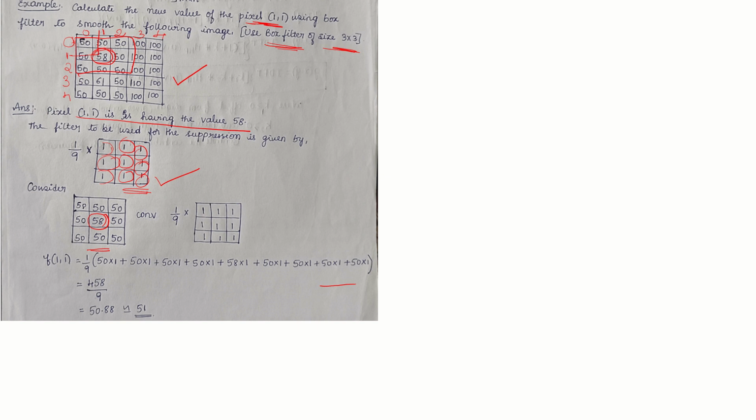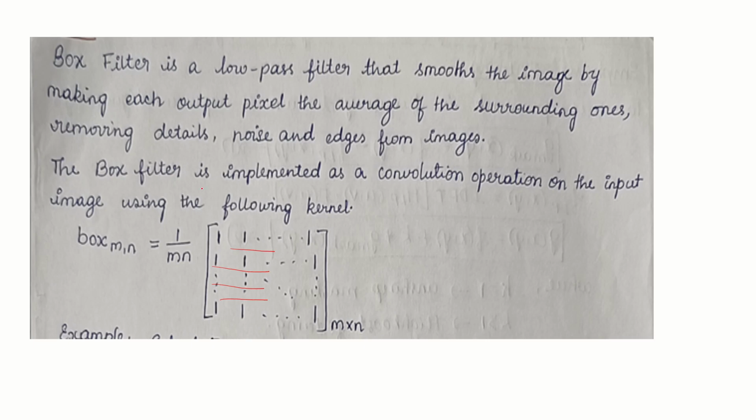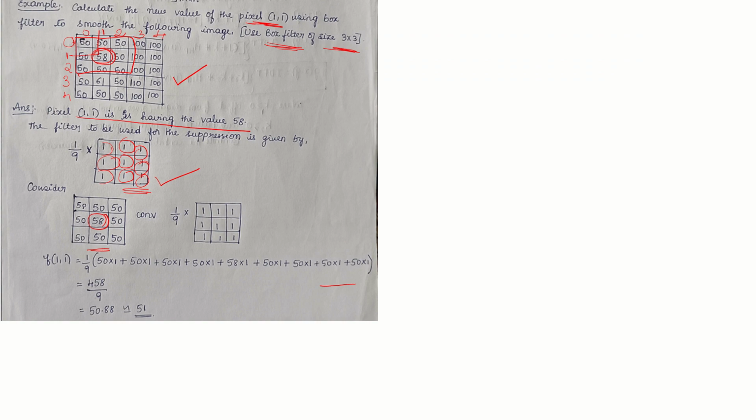Now in the box filter operation, the box filter is implemented as a convolution operation on the input image using the following kernel. So this is the image we are considering, and this is our box filter. Now this is my 1 by mn, in the sense 1 by 3 comma 3.